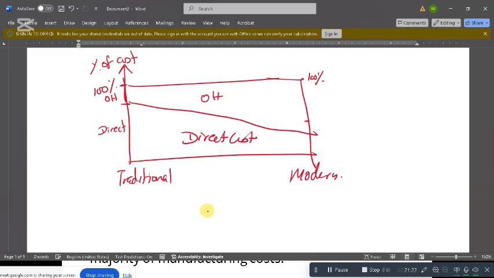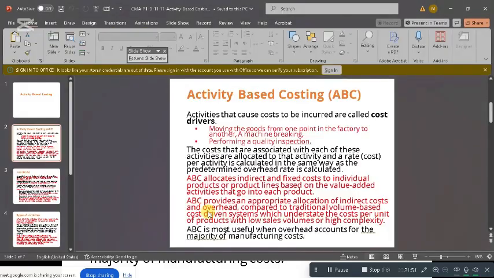The proportion of overheads has increased. So when you have such a significant proportion of overheads, you have to be very careful costing them, right? When the overhead proportion is very small, even if you made mistakes in this overhead analysis, it did not affect much. It was okay. But now, if you make a mistake with this part, that will have a serious impact on your costing. That's what they say here.